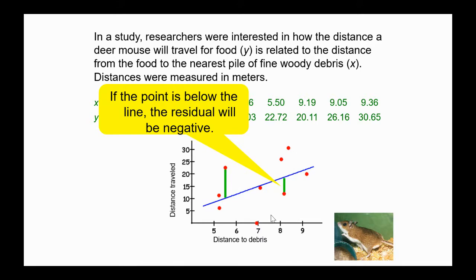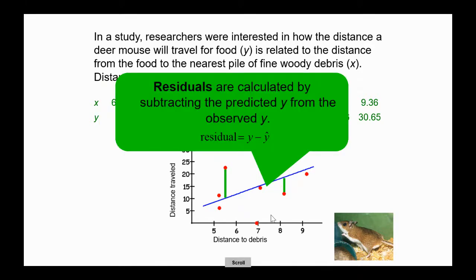So let's look at it. If you haven't already turned to page 12, let's turn to page 12. So above is positive, below is negative. The residuals are calculated by subtracting the predicted y from the observed y.